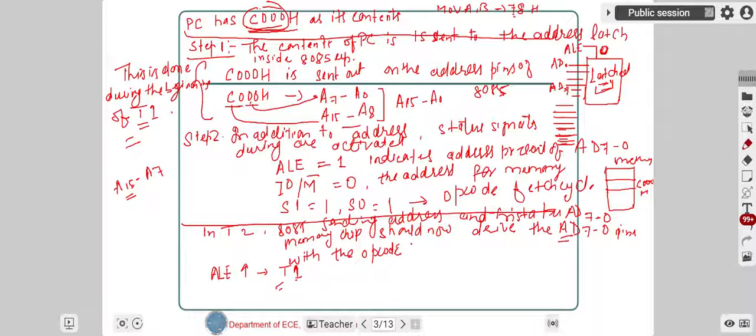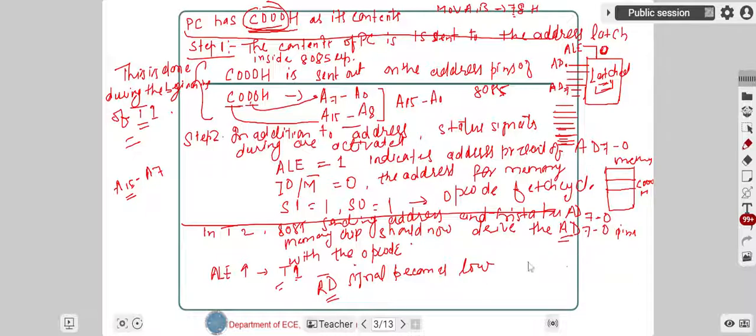So only at the beginning of T2, RD bar will be made zero. We have already seen this read bar signal becomes low because it is an active low signal. When it becomes low, this address data bus would be required to fetch the opcode from the memory.